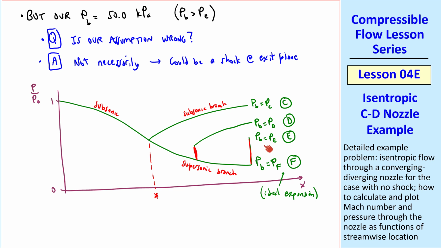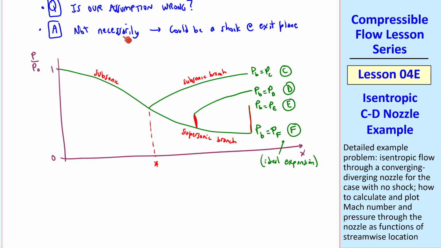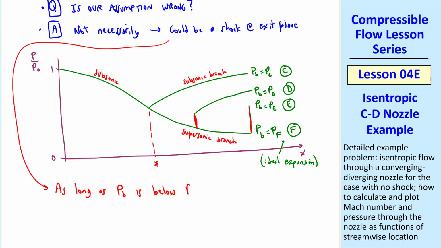And when PB is less than PE, you get an overexpanded jet, where you can imagine this shock moving out of the duct. And the reason why I say our assumption is not necessarily wrong is because we could be at case E or a little beyond it, namely, as long as PB is below PE, we indeed have no shock in the duct, which is what we assumed.